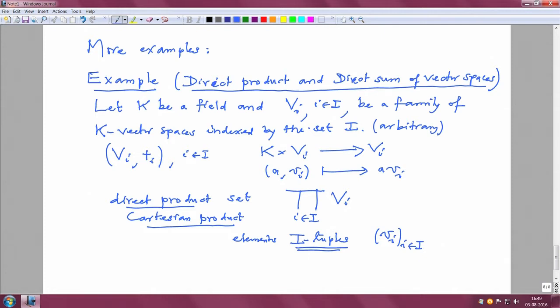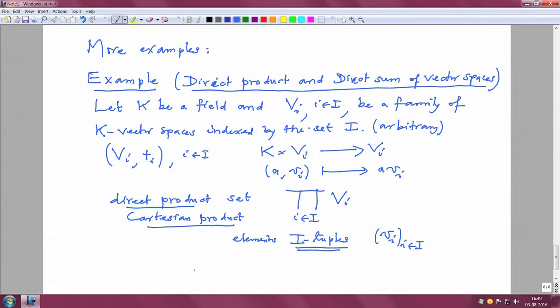But when the set I is, let us say, real numbers or intervals, then we do not know which element will come first and which element will come later. So, you can only think of them as tuples with ith position, and we do not know which is an earlier position and which is a later position. So, the positions are numbered by the elements of I.